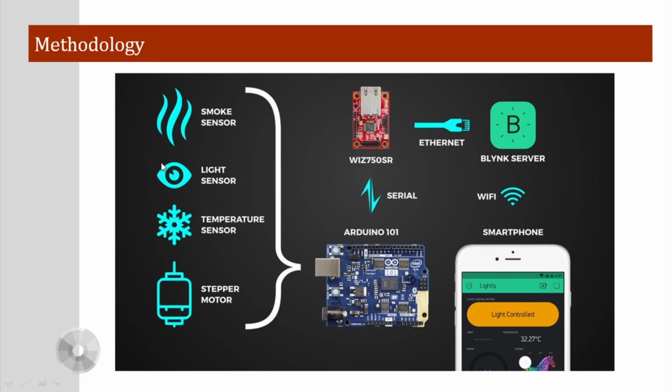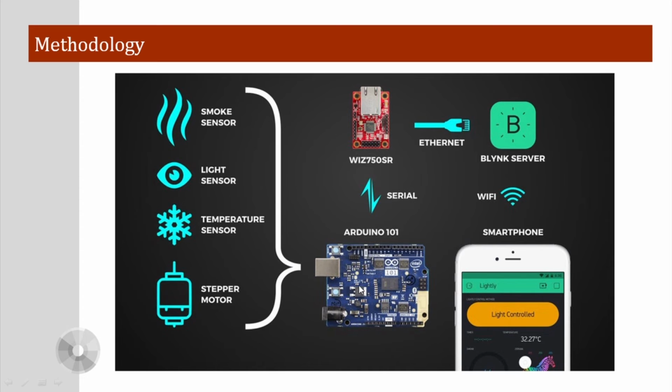And then this is the methodology. Our methodology is that we will control the home devices with the smartphone using Arduino. From the Arduino, we get inputs from the light sensor, temperature sensor, and stepper motor. These are all sensors, which give the information of the physical states.